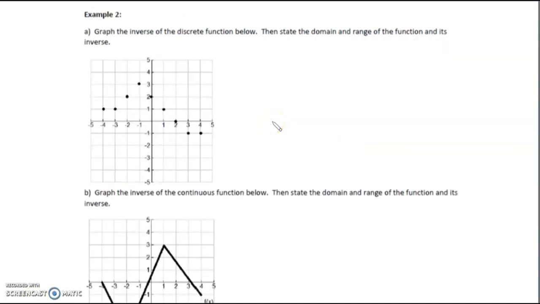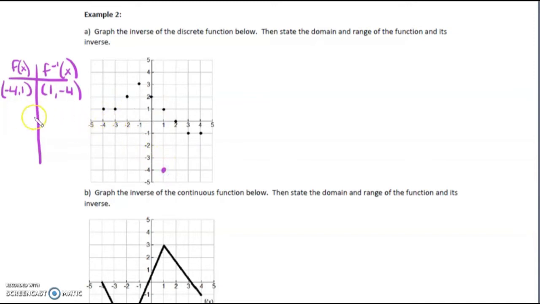Okay, so 2a: graph the inverse of the discrete function below, then state the domain of the function and its inverse. First of all, I can create a table of values to make it really easy. Let's go -4, 1, and let's do this as f at x and then f inverse at x. That's going to map onto the opposite, 1, -4.